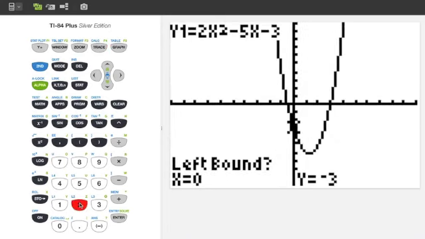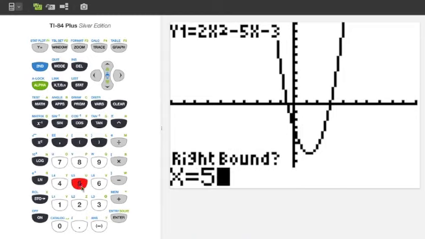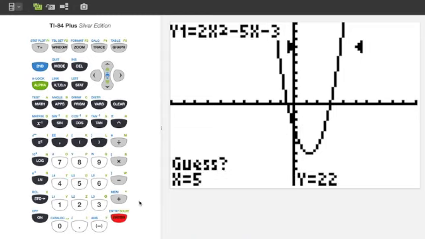So we do 2. We're looking for this 0, so x equals 0 is on the left side of it, so we can enter there. On the right side, I'm going to guess something over here, say 5. Enter that. And then something in between the 0 and the 5, maybe 2.